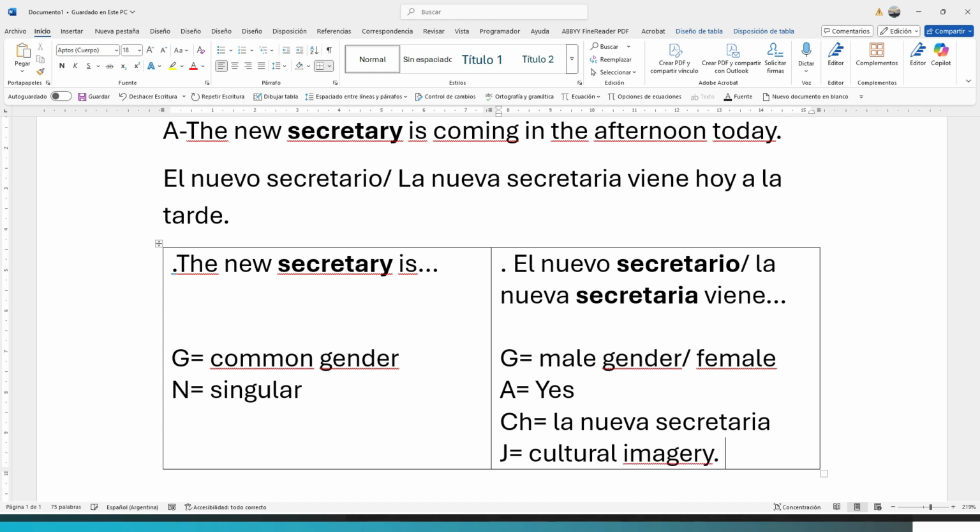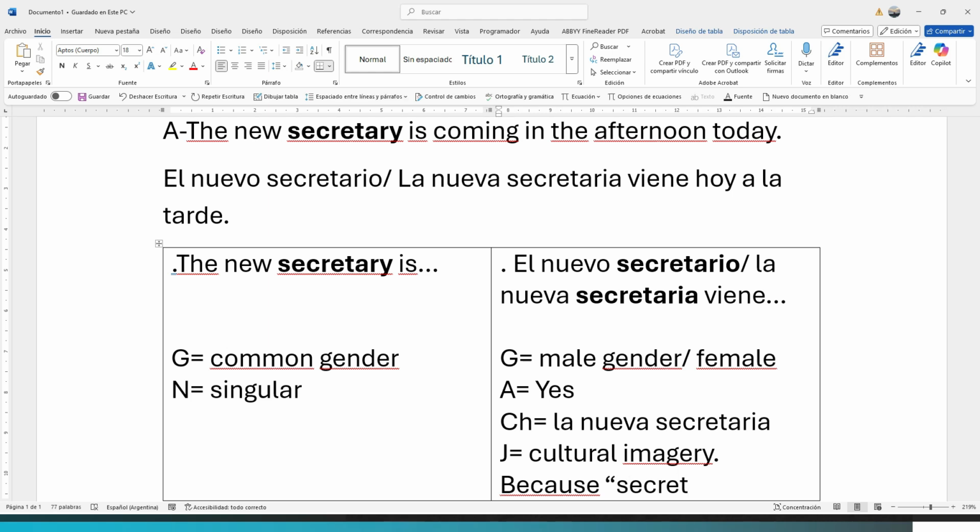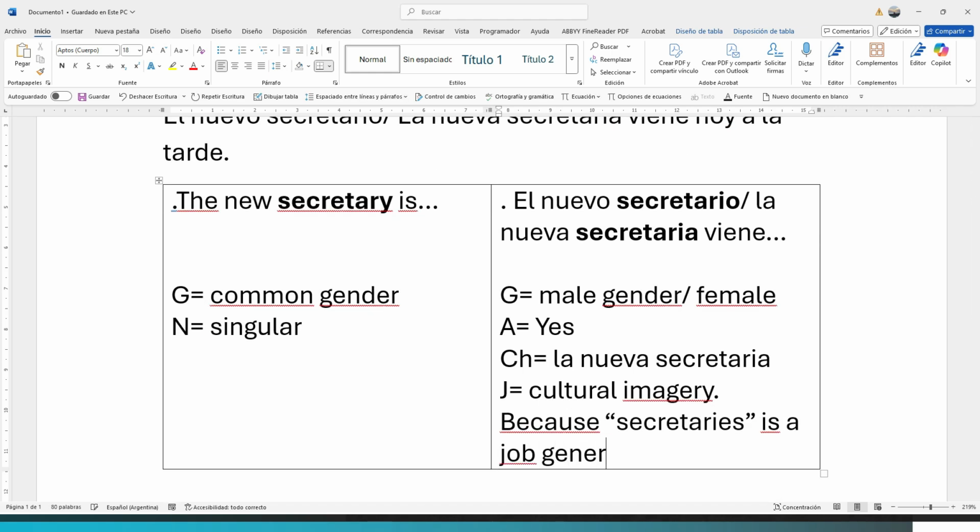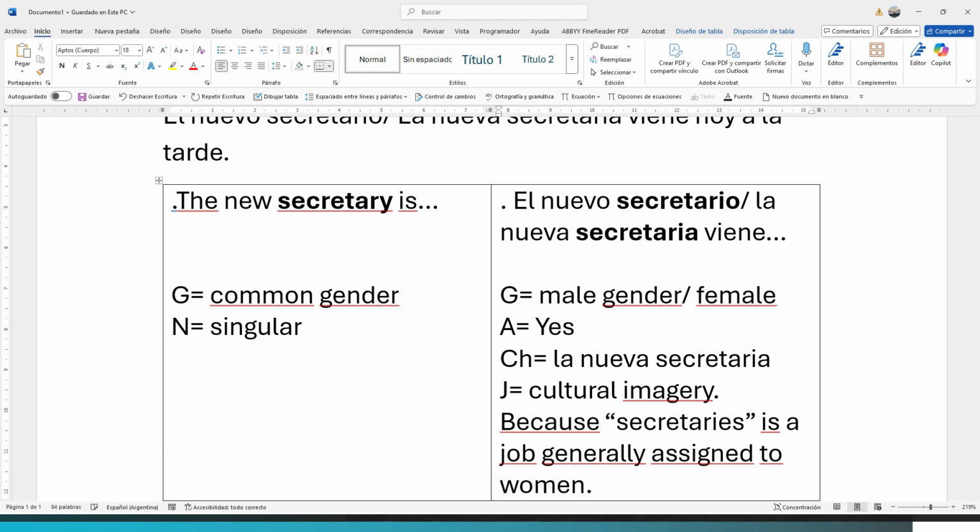And why? Because secretary is a job generally assigned to women, right? Or something of the sort. Okay, this is one possibility to justify our choices.